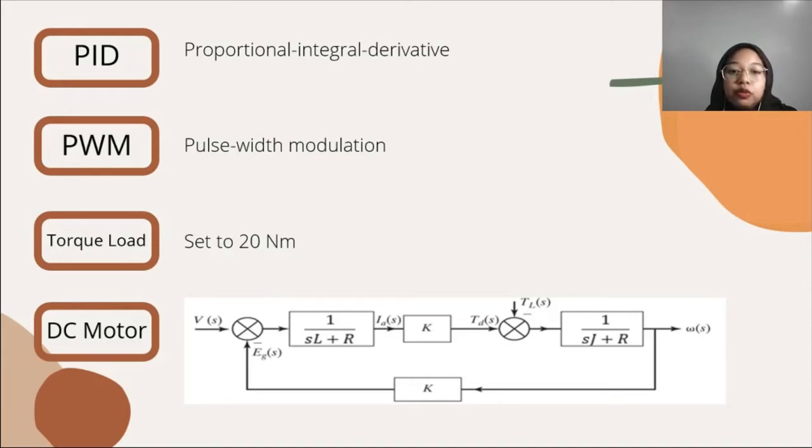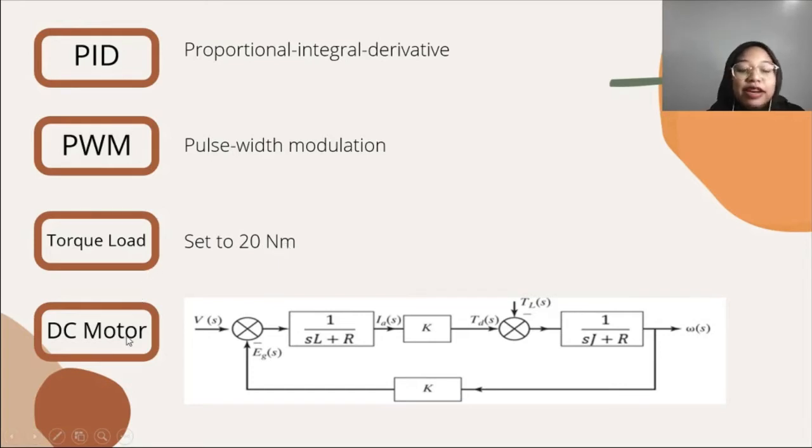To validate the average behavior, we need to change the simulation mode parameter to PWM, and the timer period we set to 0.001 second. Next is the torque load, which our group only set to 20 Newton meter.